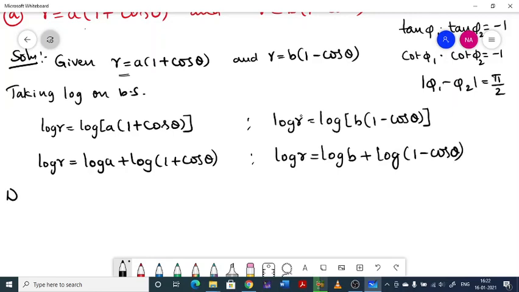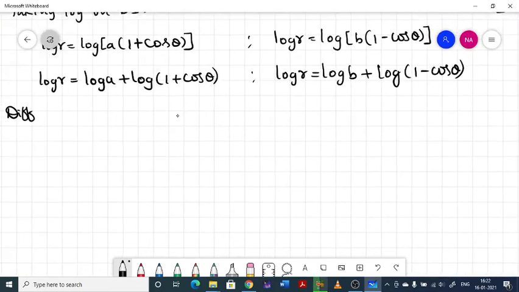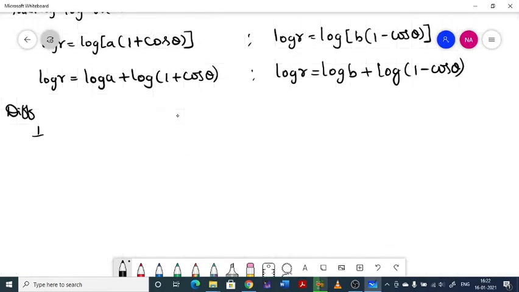So now differentiating, 1 by r into dr by d theta equal to log a, differentiating you get 0, plus 1 by 1 plus cos theta into the derivative of cos theta, which is minus sin theta.